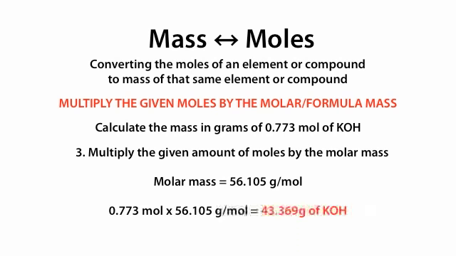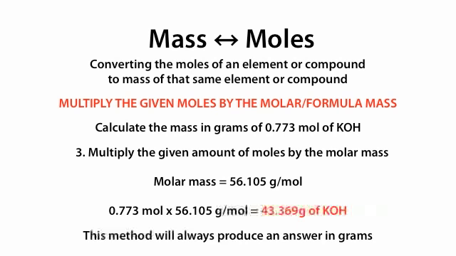So I'm going to multiply 0.773 moles times 56.105 grams per mole, which is our molar mass, which we've calculated, and we get 43.369 grams of KOH. This method is always going to give you an answer in grams. If you multiply moles times grams per mole, you end up with grams always.